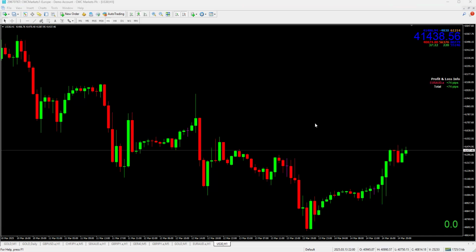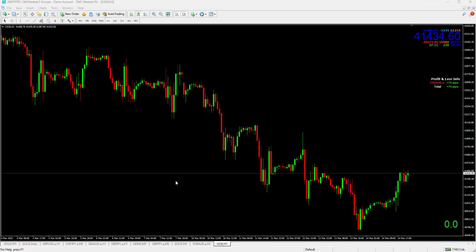Now, you talked of pivot points a while ago. Even on here, you can see some pivots. By pivot, you're talking about when it goes like that, isn't it?